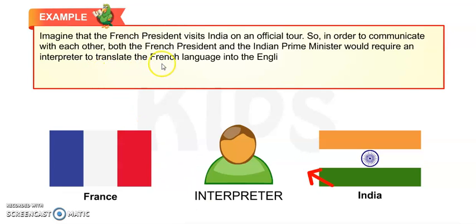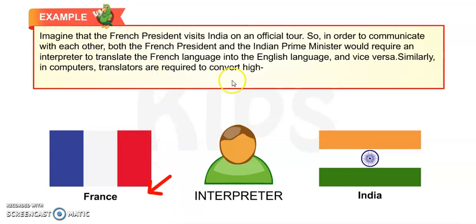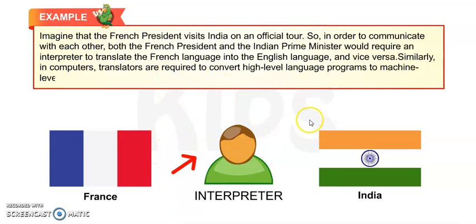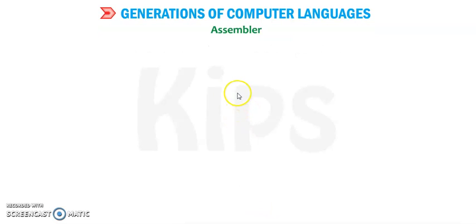One interpreter translates French into English, and vice versa. Similarly, in a computer, translators are required to convert high-level language programs to machine language programs, and vice versa. So there are three types of translator programs.